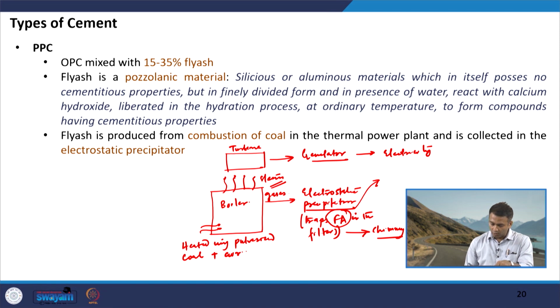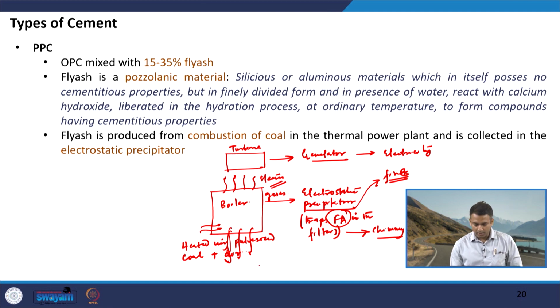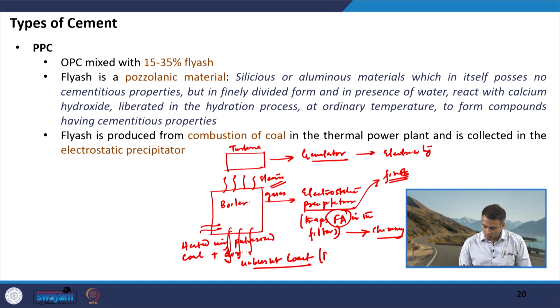We also have other forms of ash that are coarser in size. So, this fly ash which we are talking about is very fine, and that is why filters are used to trap it. But during the process of heating the boiler, we will also have other waste particles that, because of higher density and larger size, will settle down in the bottom part, and this is nothing but the unburnt coal, all right, and it is called the bottom ash.